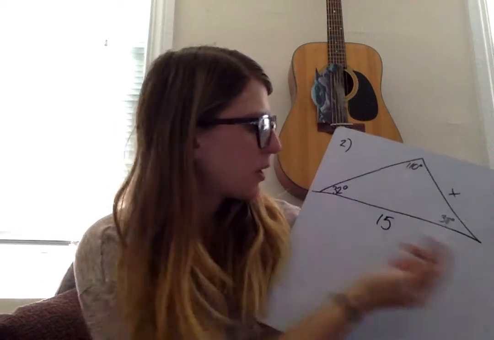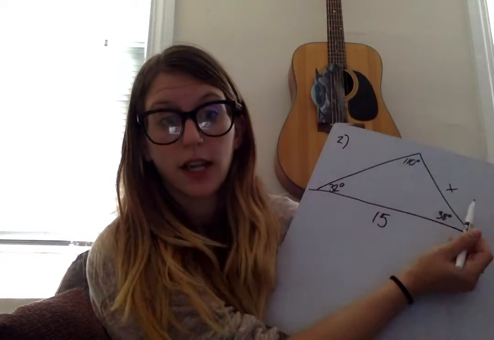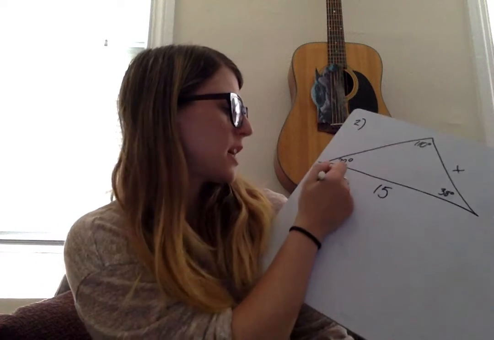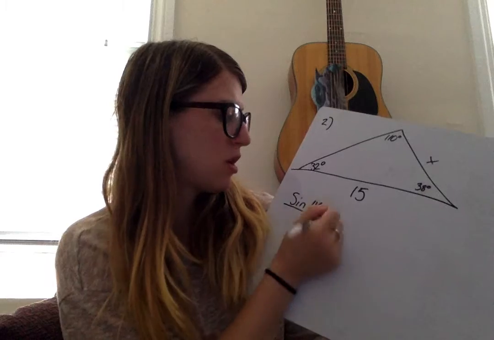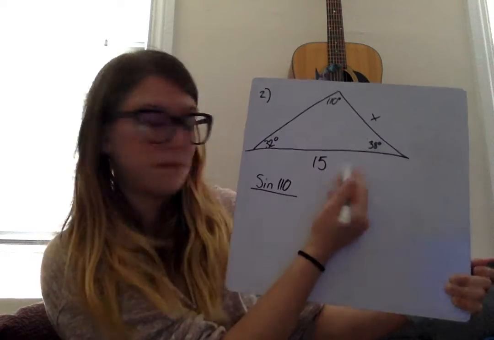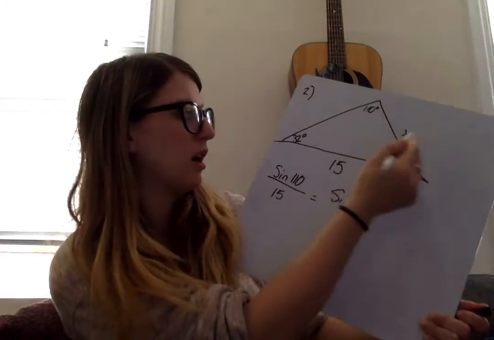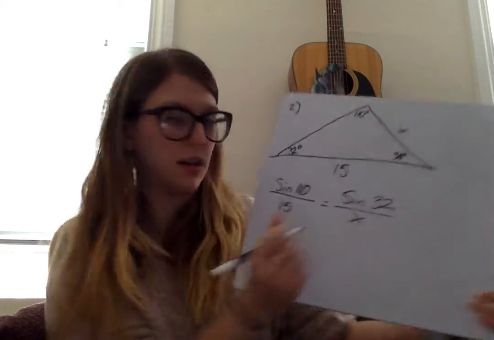So 110, 32, 38 degrees. I need to find a side length, so I'm going to use law of sines. Remember, law of sines says sine of 110 over 15 equals sine of 32 over x.